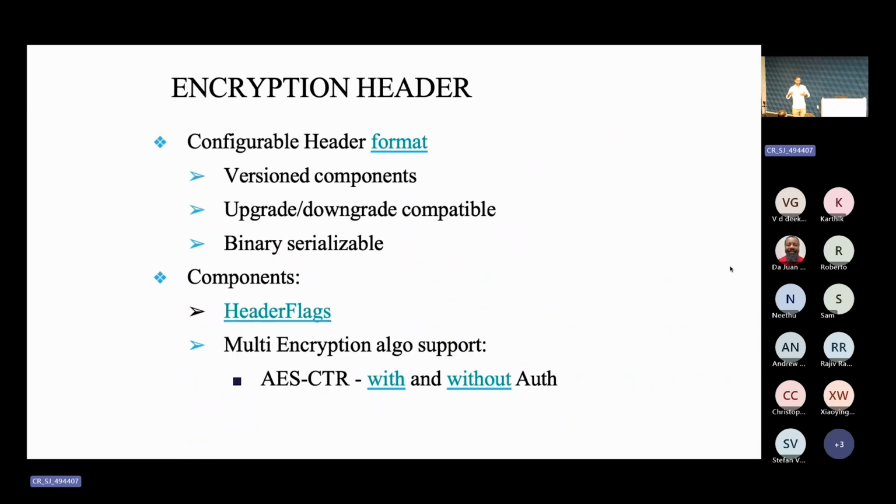So it's an implicitly authenticated encryption mode. The beauty of that is in a single encryption, when your payload is getting encrypted, it generates a tag as a part of it. So the penalty is minimal because you're not doing 2 different operations. And because of Intel acceleration, it is cheaper in terms of performance penalty. But today, in the Snowflake upstream or the main, the supported mode is CTR with and without authentication.